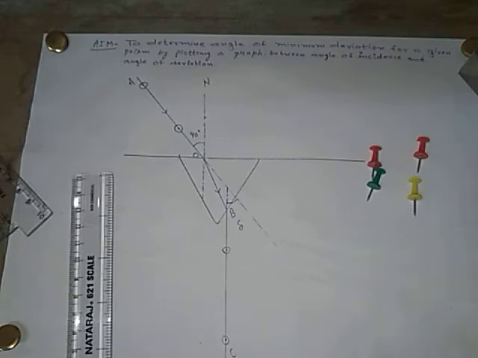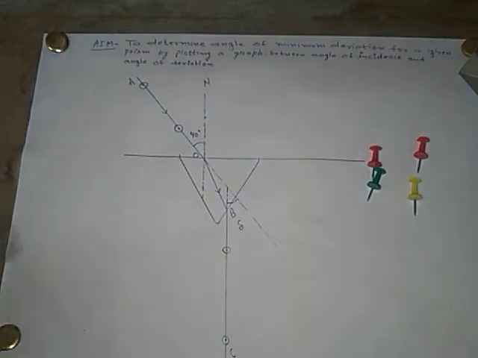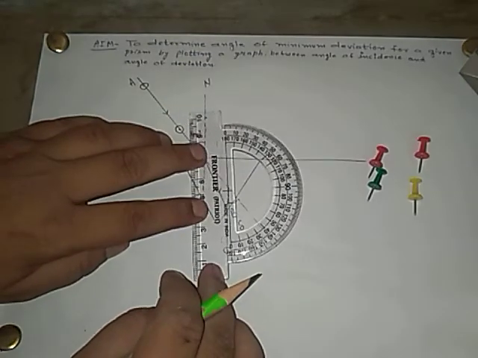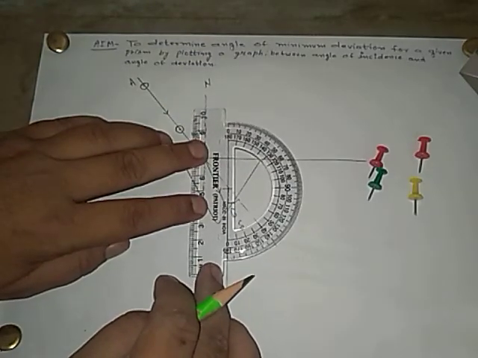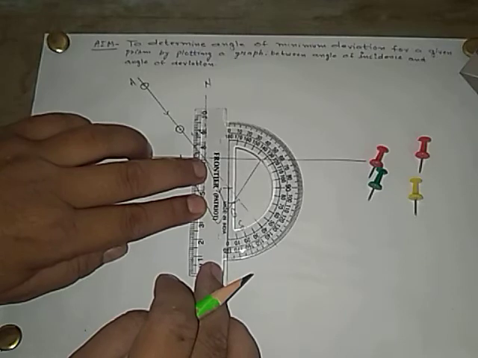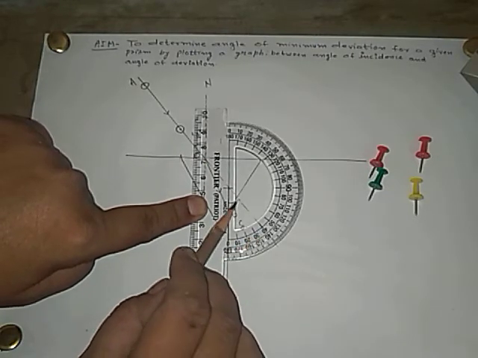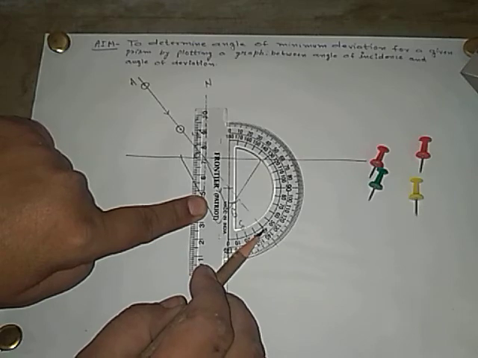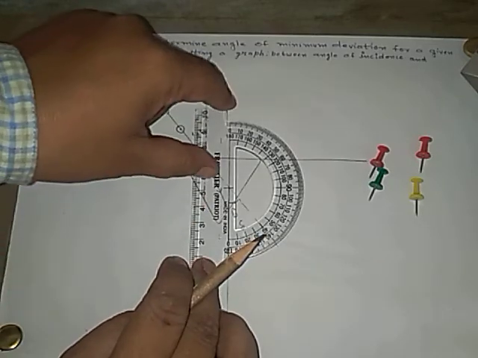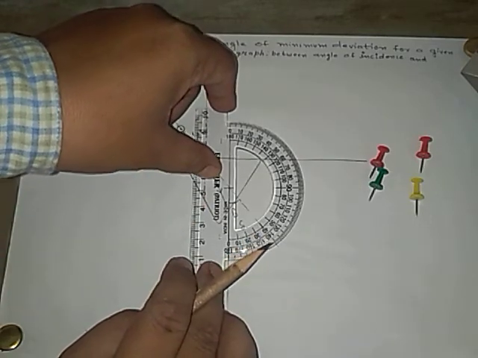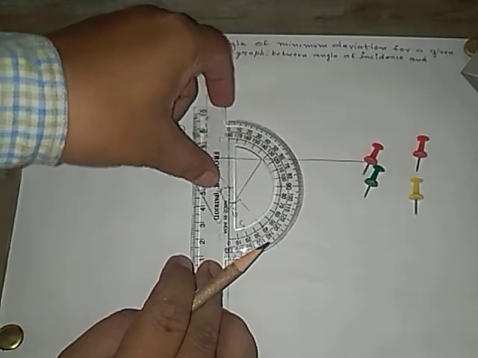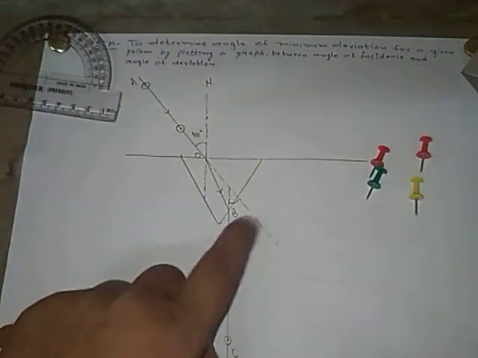This is the value which we have to note with the help of the protractor. By putting a protractor here, you can see that this angle is of 40 degrees. In this way, this is our reading, this is our measurement.